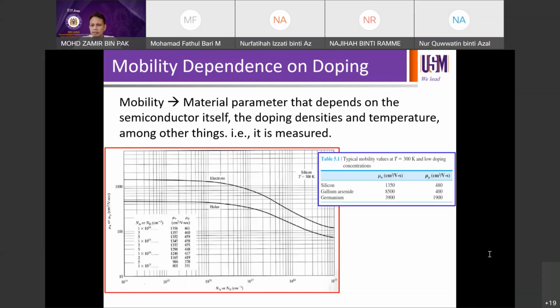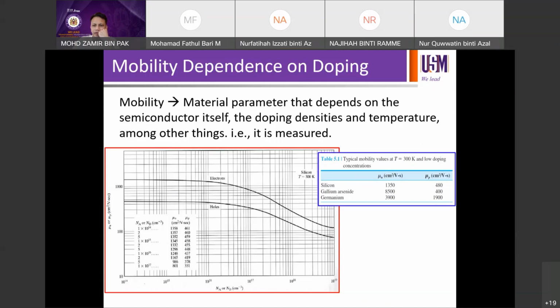Anyone would like to add on that? Anyone would like to assist? When do we have the diffusion component of our carriers? All right, concentration gradient.